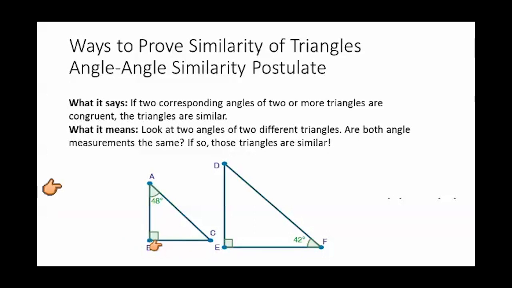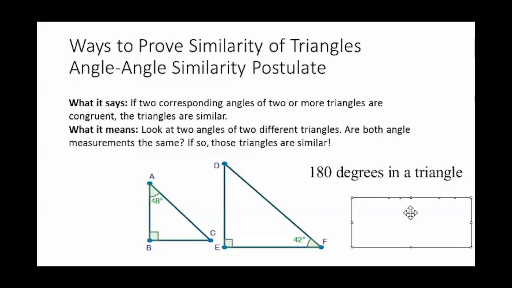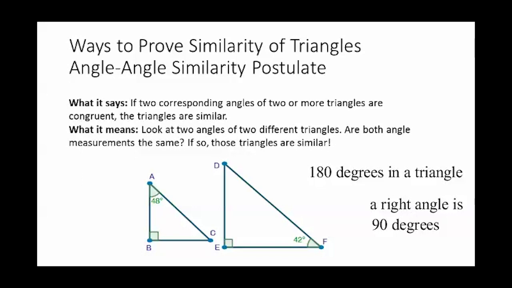So there's a couple things we need to make sure we remember about our triangles. One of those being that every triangle has a total of 180 degrees as the sum of the angles. So if we're given 2 angles, we can help solve for the third angle. The other thing being that a right angle is 90 degrees.